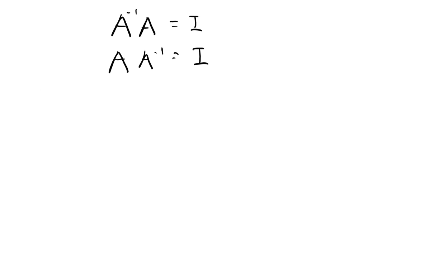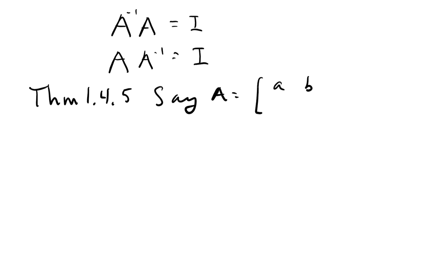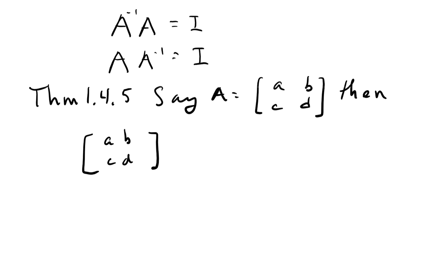So when we have a 2 by 2 matrix, let's write it as A, B, C, D. Theorem 1.4.5 in the book says that there's a formula for the inverse of this matrix. So this matrix has an inverse if and only if AD minus BC is not 0.